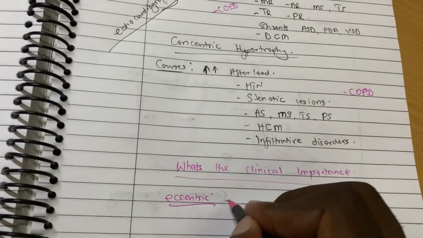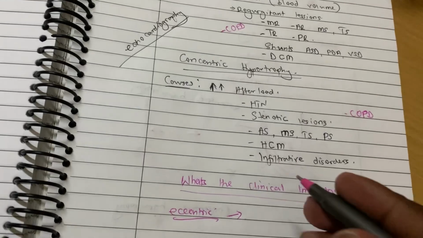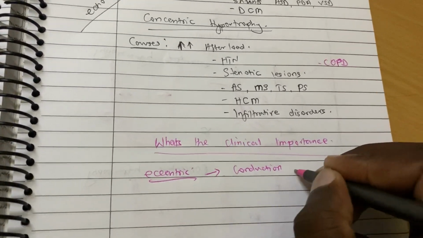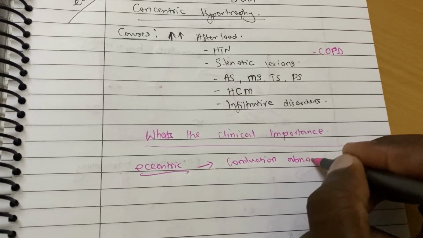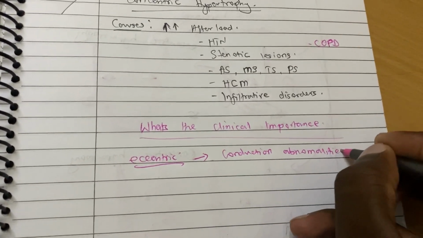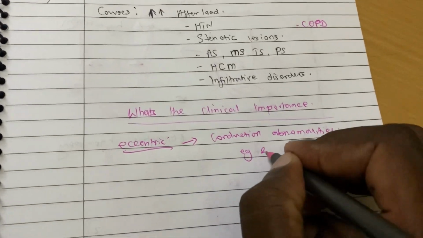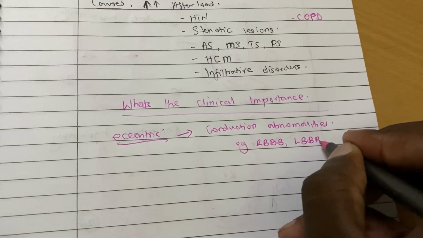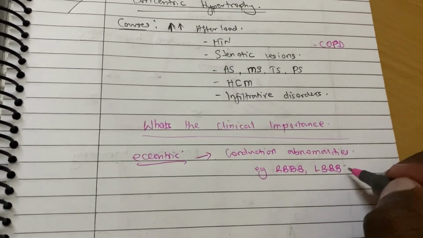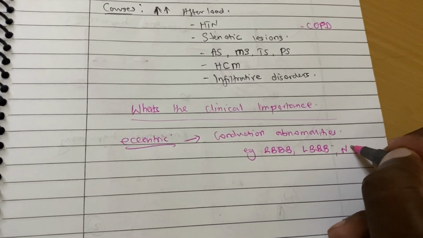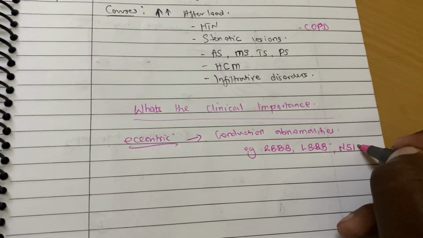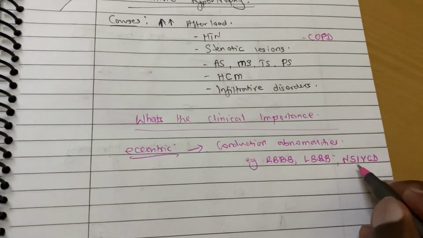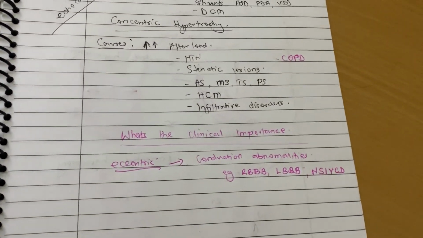Eccentric can cause conduction defects, conduction abnormalities, e.g. right bundle branch block, left bundle branch block, or non-specific interventricular conduction delay. Non-specific interventricular conduction defects.